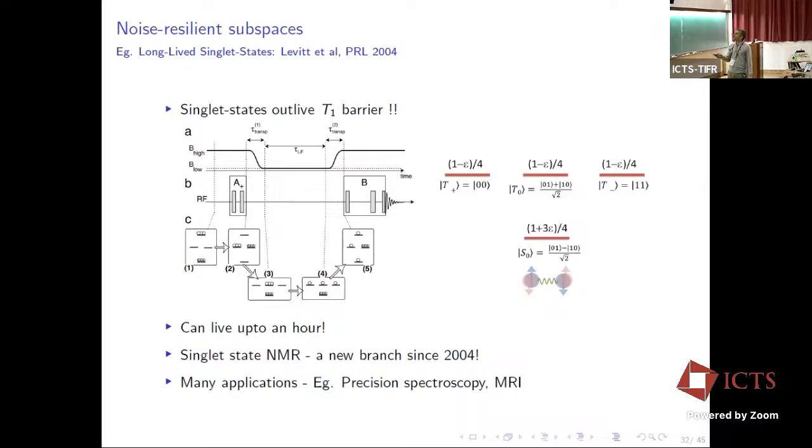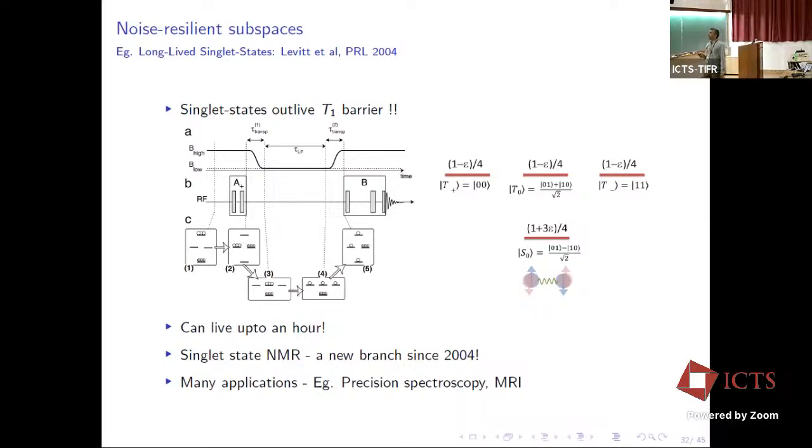Singlet to triplet transitions are not allowed by any symmetry preserving processes, because the singlet is antisymmetric and all the triplet states are symmetric. So any symmetry preserving process cannot connect these levels.